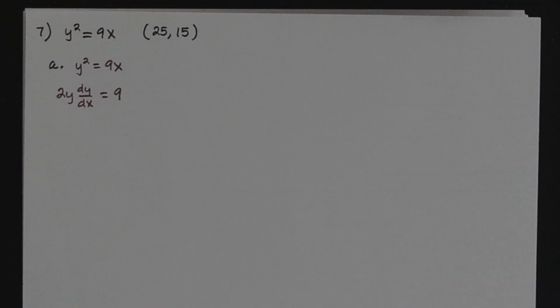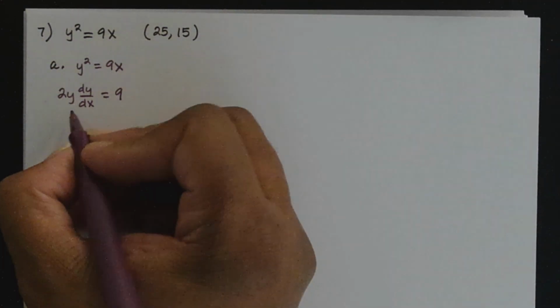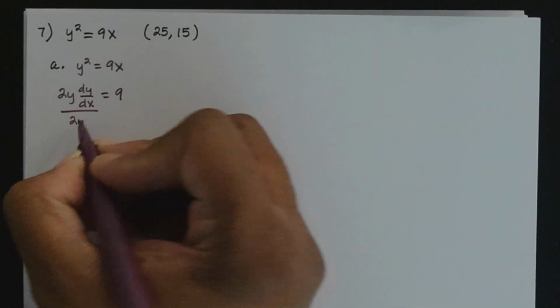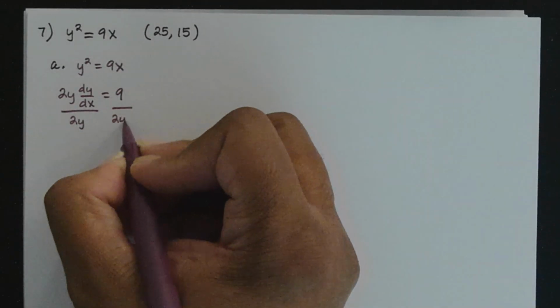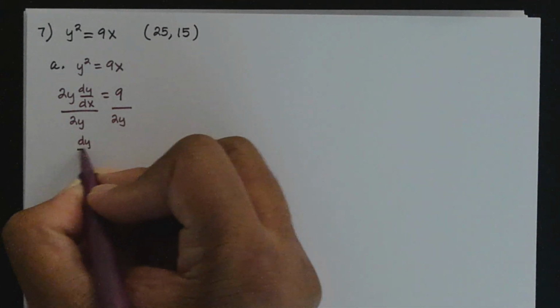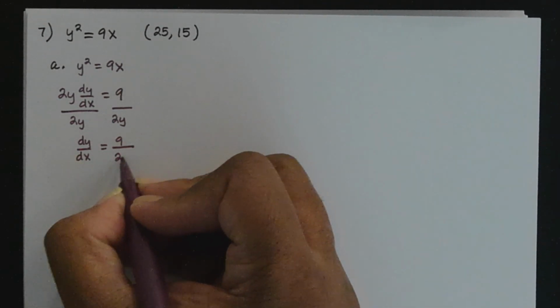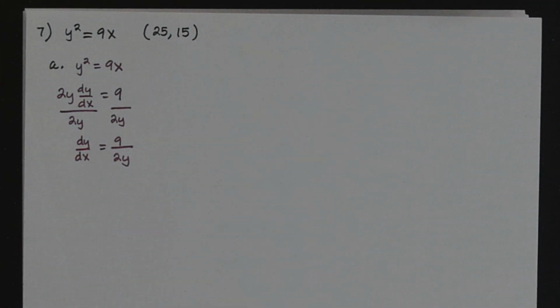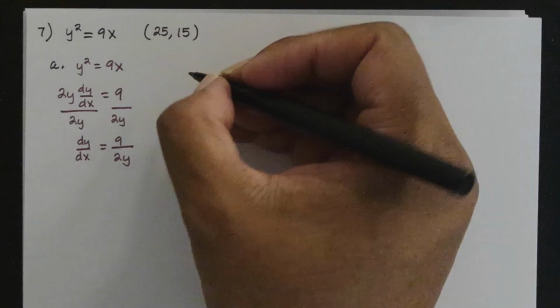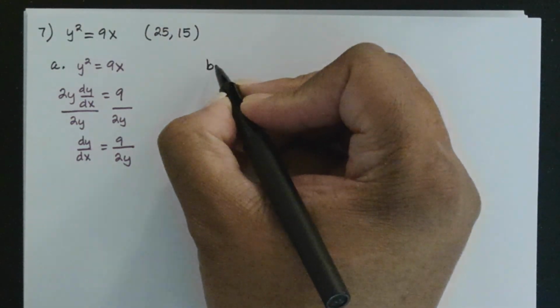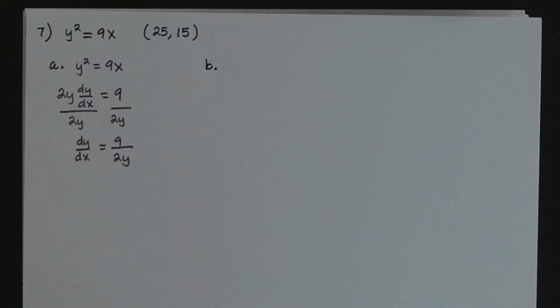All right, and then next we'll get dy/dx by itself by dividing both sides by 2y. So here dy/dx is equal to just 9 over 2y. So that's part A right there, just using implicit differentiation. Now part B is find the slope of the curve at the given point.